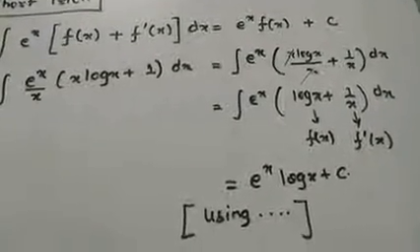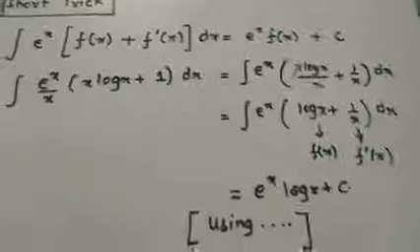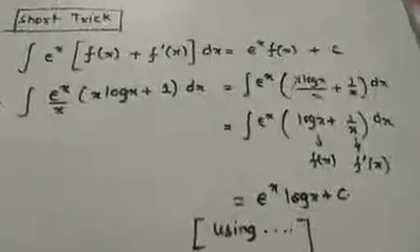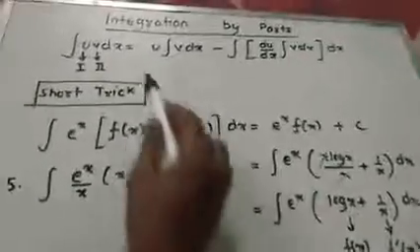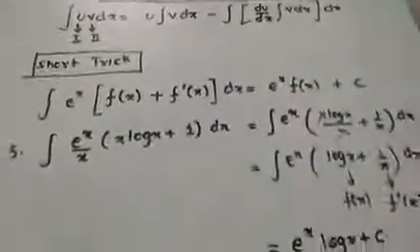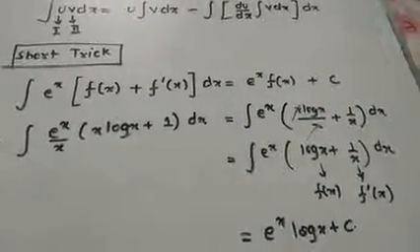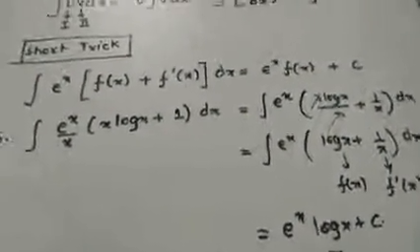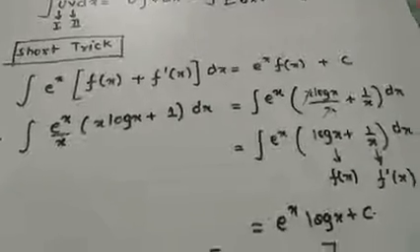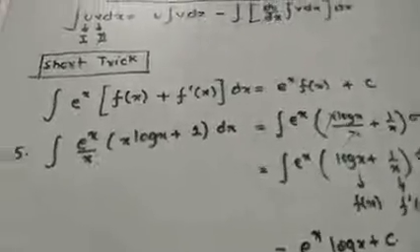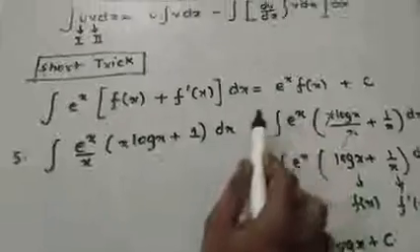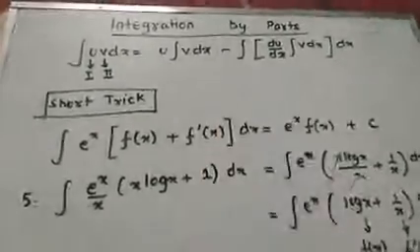And if someone doesn't want to use this short trick and wants to use the integration by parts rule to find the answer, just tell me, I will solve it that way also. Both ways are possible, because this short trick comes from the integration by parts rule only.